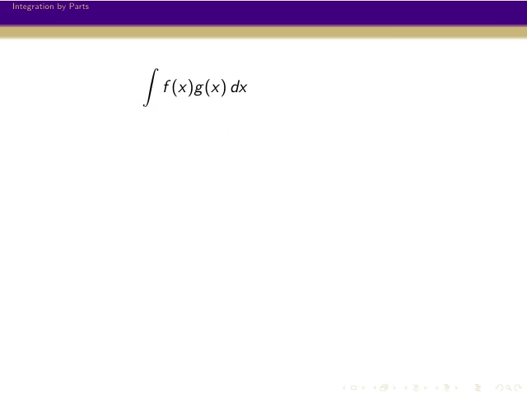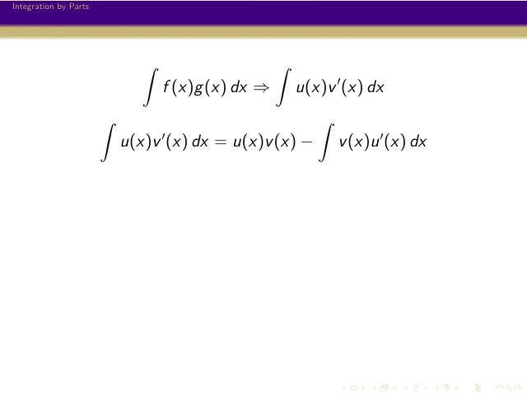So the idea is we start off with an integral of f of x g of x dx, and one of these we think of as u of x, and then everything else becomes v prime of x dx. So the integral is rethought as the integral of u of x times v prime of x dx.